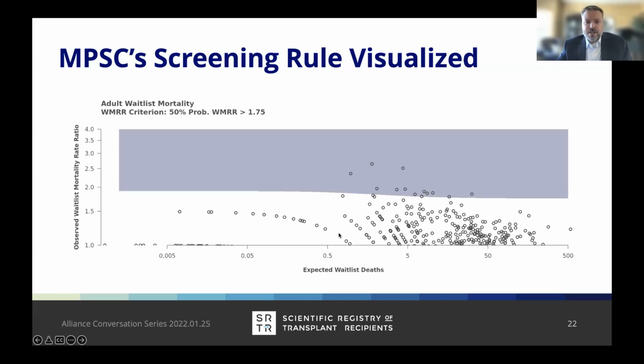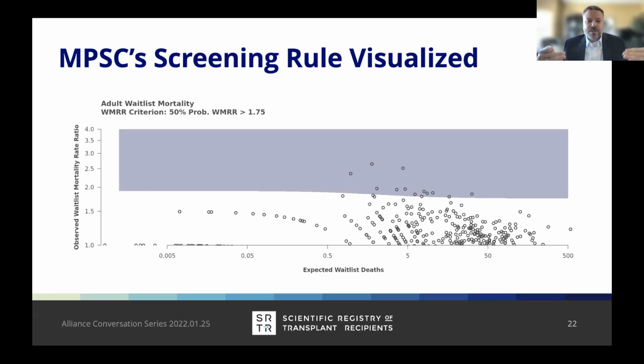You can visualize what this looks like. Each of the dots on this plot represents a program evaluation. On the y-axis, vertically, we start at 1.0. So these are all programs. 1.0 would be that their waitlist mortality experience is exactly what we would expect. Just to zoom in on the quote unquote bad direction of this evaluation, each of the dots here have waitlist mortality rates greater than 1.